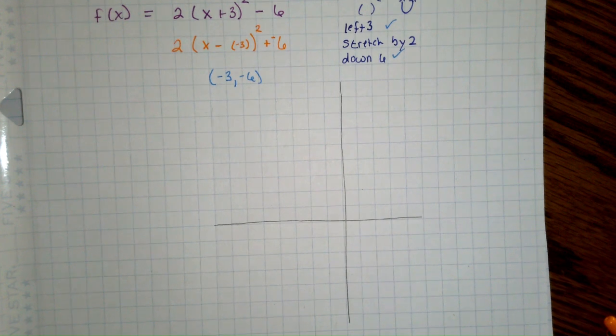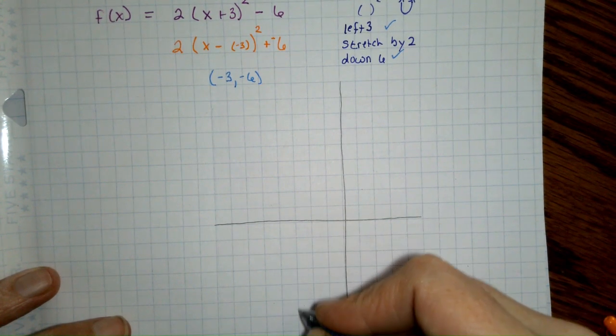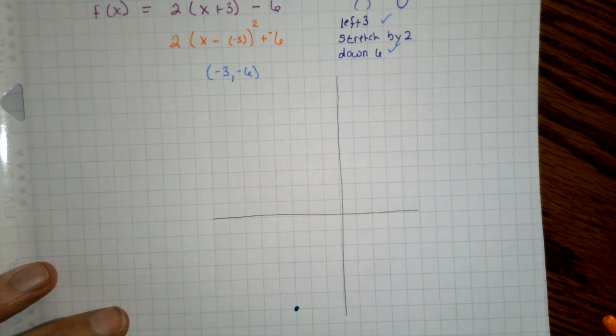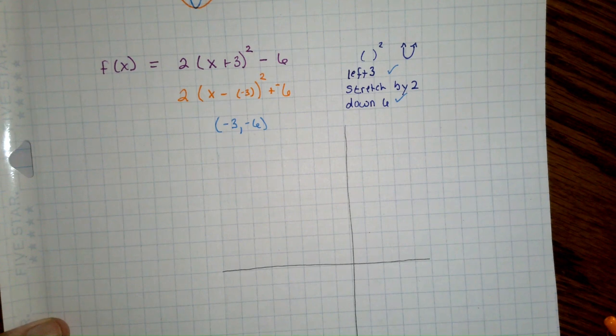Okay, so we're going to go ahead and utilize this vertex to graph, and we're going to talk about our stretch factor. Some of you will not be comfortable doing it this way, and that is perfectly okay. So the vertex is left 3, down 6. And because of that, we also talked earlier about the axis of symmetry.